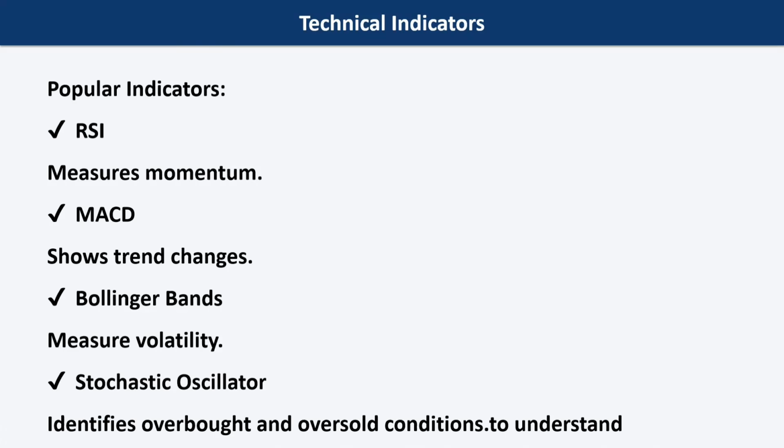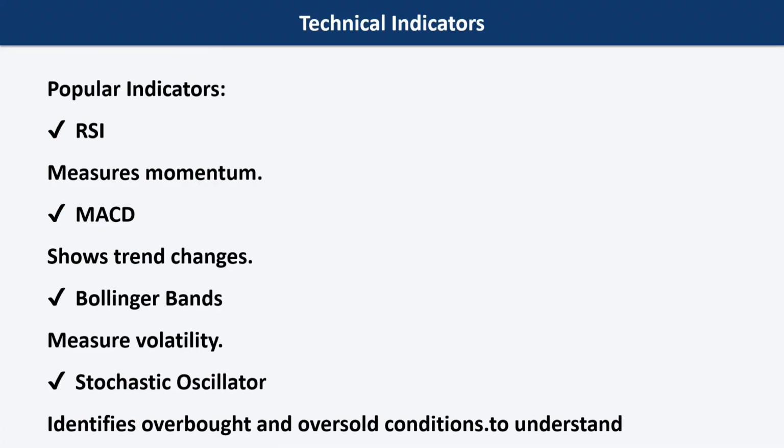Now coming to the fourth one, the stochastic oscillator. This indicator compares the closing price with the recent trading range. So it helps us to identify overbought and oversold conditions like RSI.